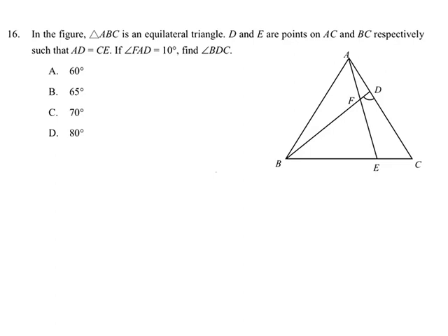Question 16. Triangle ABC is an equilateral triangle. That means all sides are the same, and all angles are 60.